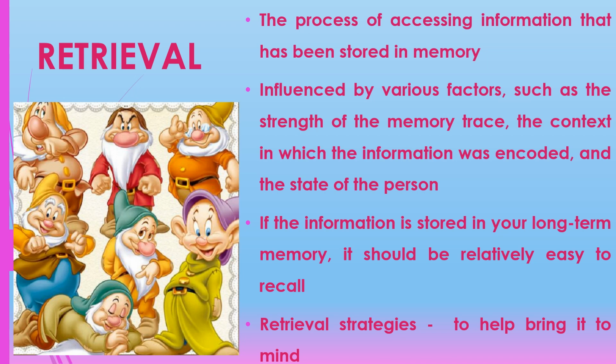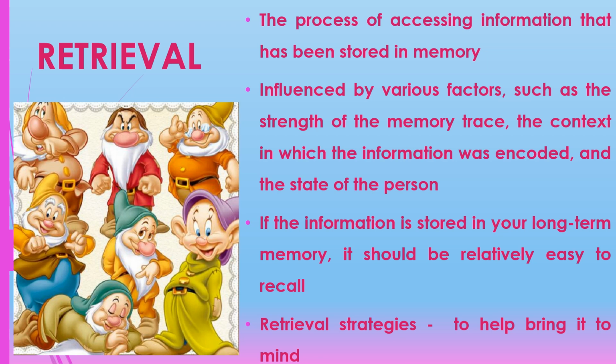For example, you have encoded and stored the names of the 7 dwarfs. Now you are trying to recall the names. If the information is stored in your long-term memory, it should be relatively easy to recall. If you have been thinking about the names of the 7 dwarfs frequently, they should be easily retrieved from your memory.